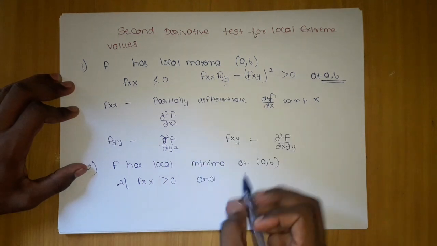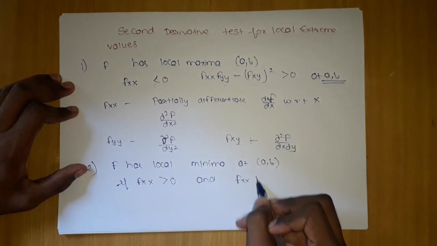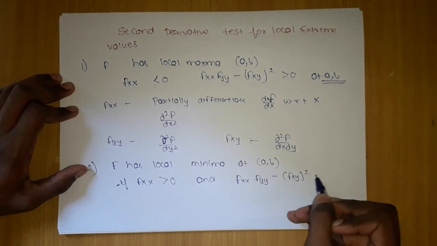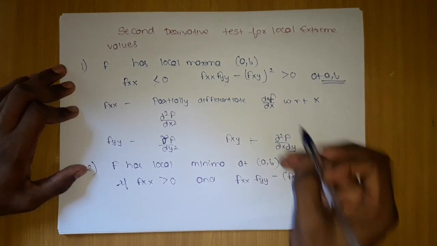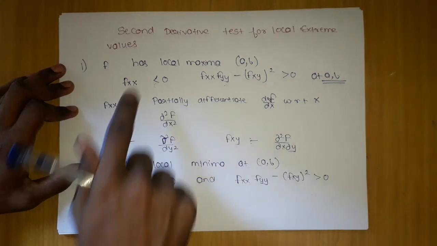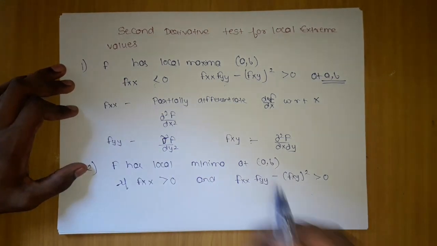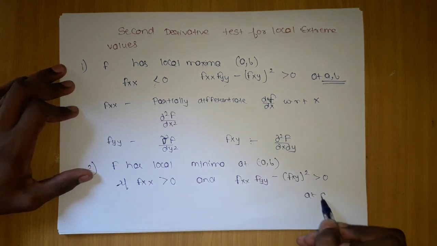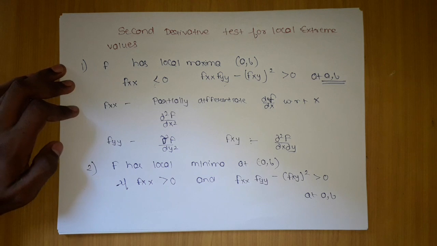And the condition f double x f double y minus f of xy the whole square should be greater than 0. Both these conditions are the same. Here the conditions are different: f double dash x is less than 0 in this case, and f double dash x is greater than 0 in this case. So keep this in mind, because many students forget this condition, so I am repeating it again.